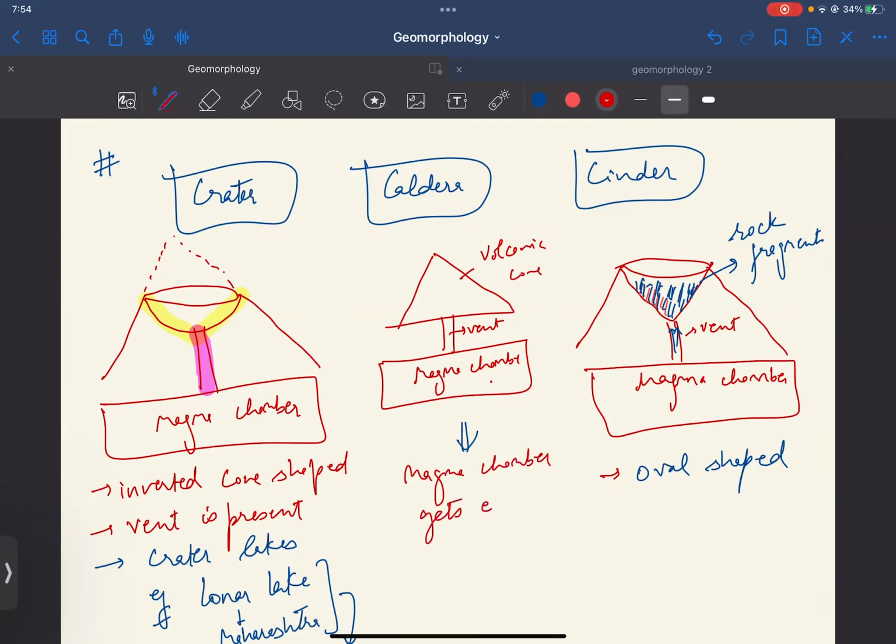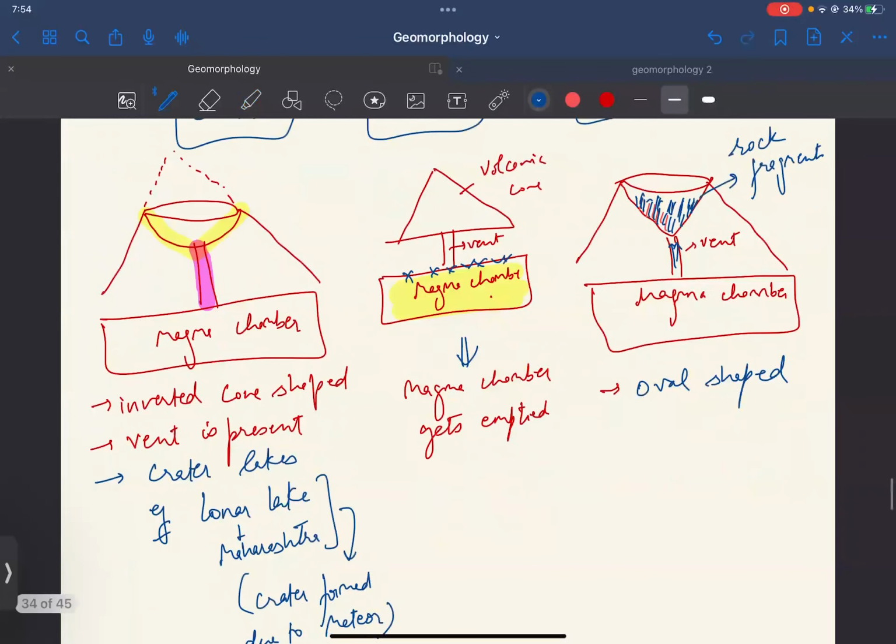Now since the magma chamber gets emptied, what would happen? It would be completely empty. So there will be a lot of pressure from above, and it won't be able to handle the weight of the overlying rocks. So what would happen? There would be a collapse of the volcanic mountain, or you can say a collapse of the region. So this whole wall collapses, right?